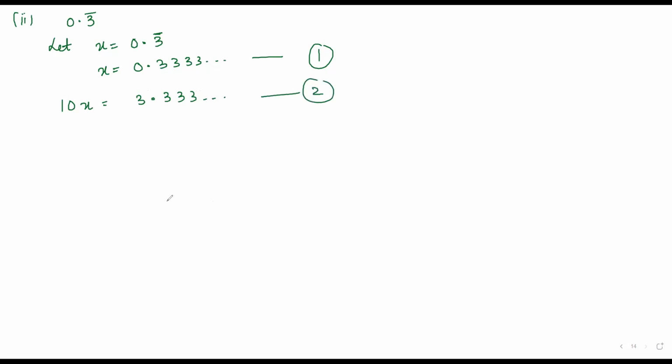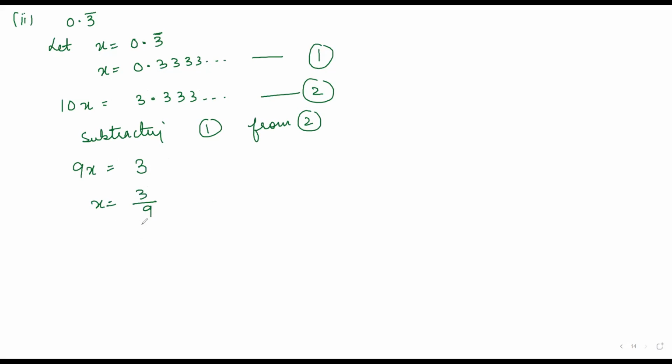Clear? Now subtracting 1 from second. So 10x minus x, that is 9x. And this 3.33 minus 0.3, so you will get a 3 here. So your x will become 3 upon 9.